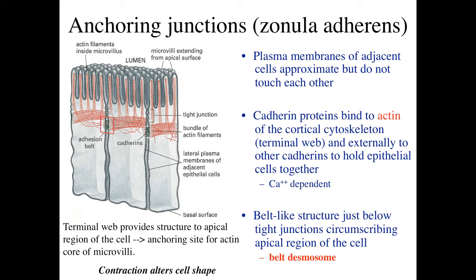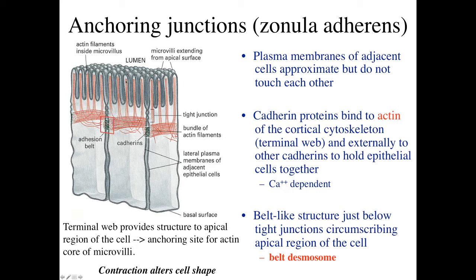Just as an aside, it's not something that's critical for our understanding right now, but it does have some important physiologic significance. Microvilli, they're not motile like cilia would be, but these microvilli can get shorter or a little bit longer as contraction of the actin cytoskeleton might alter their shape.